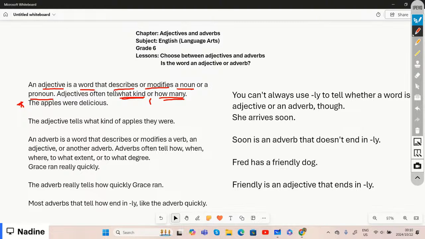So we say that apples is our noun, and the adjective within that sentence, the apples were delicious, is delicious. So apples is the noun and delicious is our adjective.